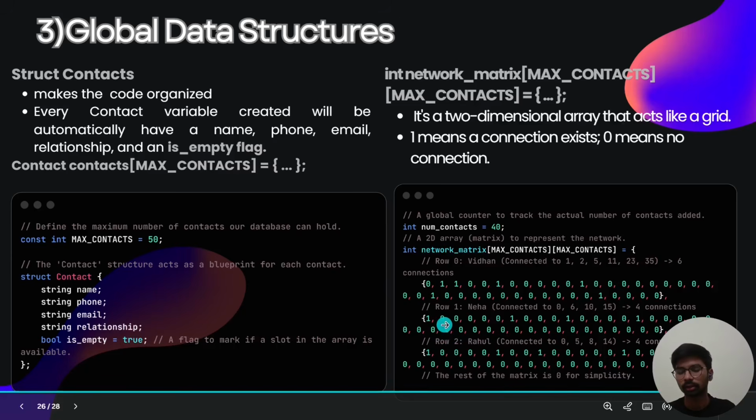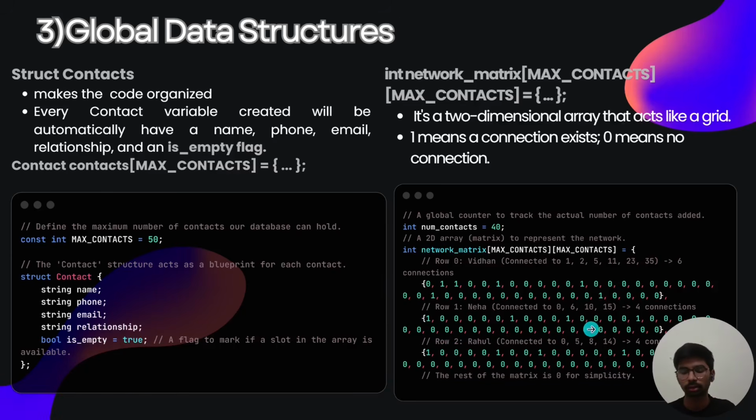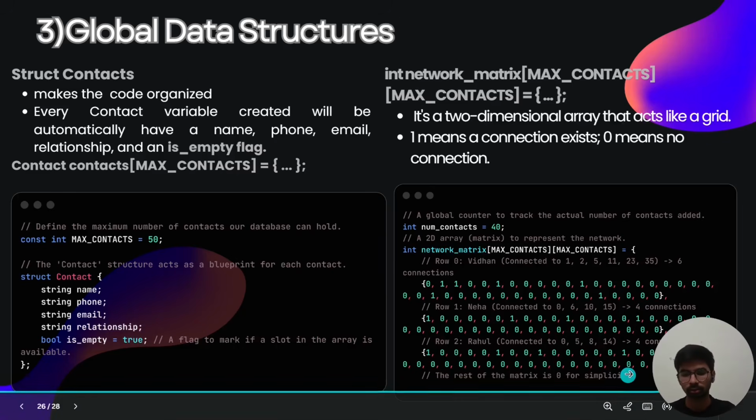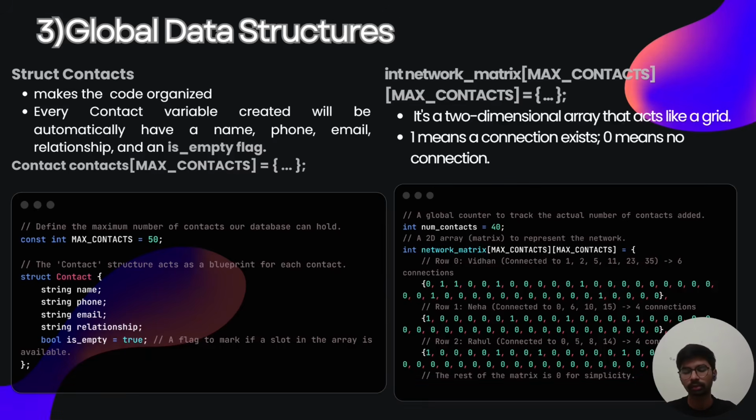Neha, from this matrix, is connected to the 0th index, 6th index, 10th index, and 15th index, and so on. Overall, Vidhan has six connections, Neha has four connections, Rahul has four connections. The rest of the matrix is zero for simplicity. So this was the predefined connected persons.